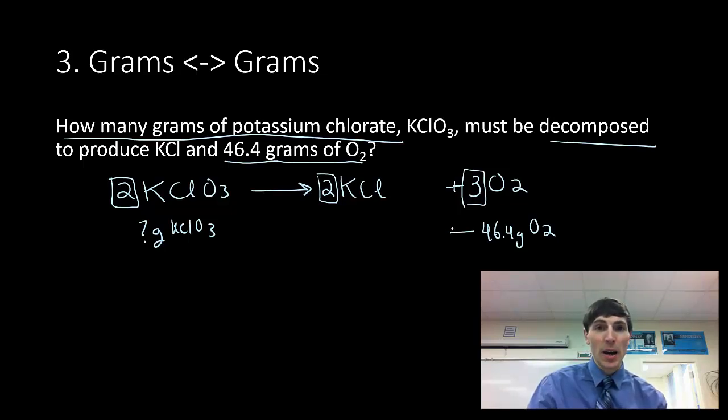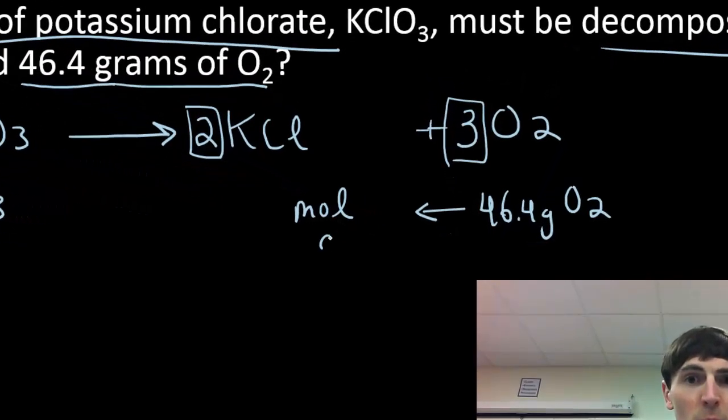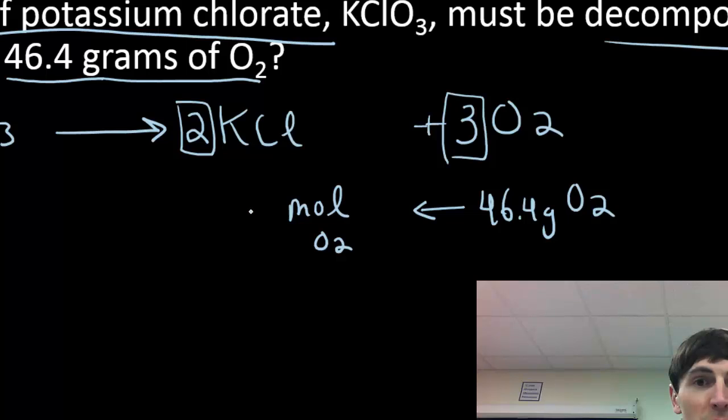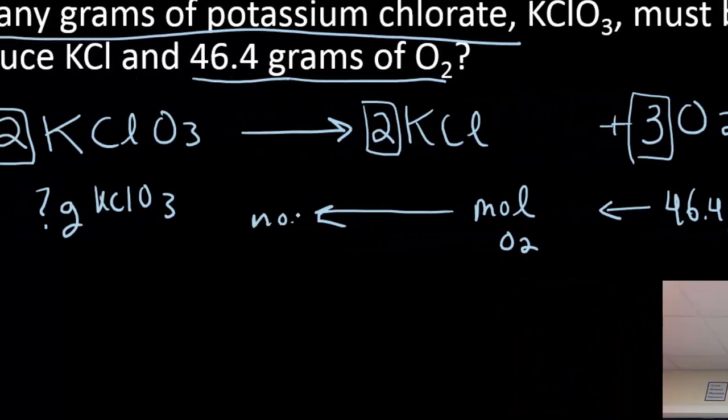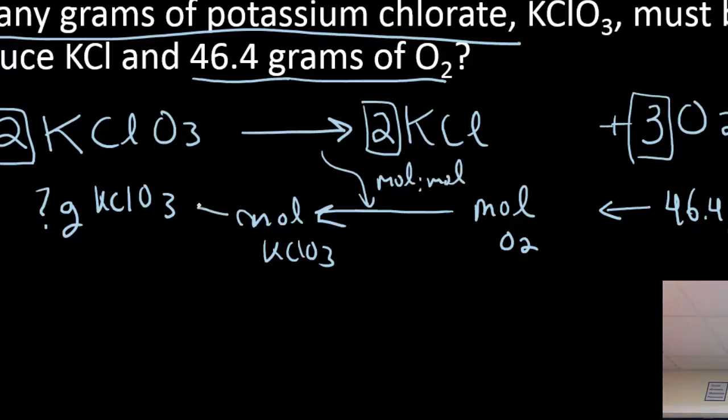So I'm going to work backwards: we go from grams to moles of O2, then to moles of KClO3 using our mole-to-mole ratio, and then from there back to grams.